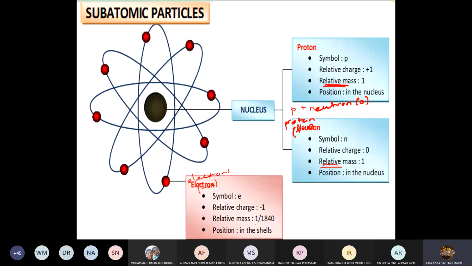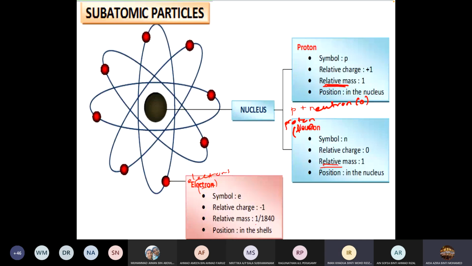So, can you imagine in terms of size, between proton and electron, which one would be bigger? Yes, obviously proton is way bigger compared to electrons, isn't it? Electrons are way too small compared to protons.